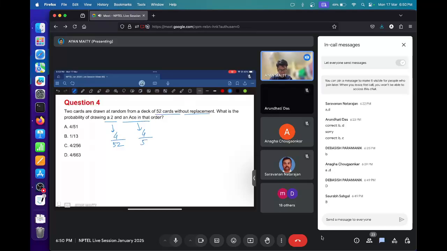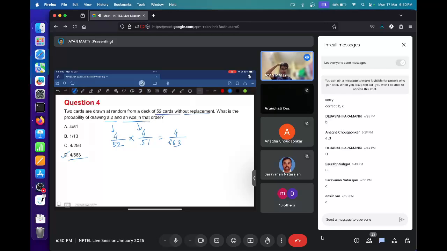So the probability of an ace should be 4 divided by 51 when one card is already drawn. So the total probability of drawing a 2 and an ace in this order would be 4 divided by 52 times 4 divided by 51, and it would be 4 divided by 663, I think option D.